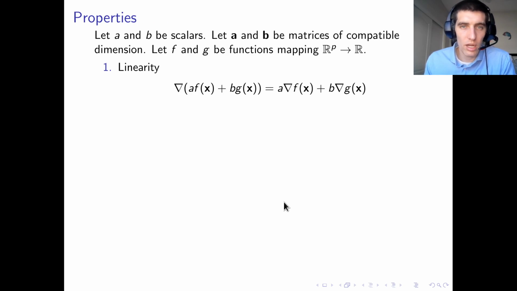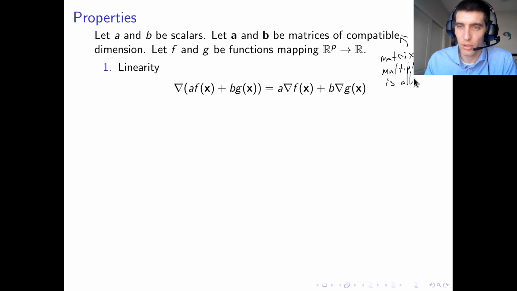All right, and so what are some properties of this gradient vector and the Hessian matrix? So if a and b are scalars, and bold A and bold B are matrices of compatible dimensions, by compatible I mean that matrix multiplication is allowed, right?